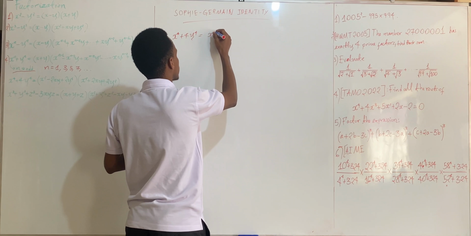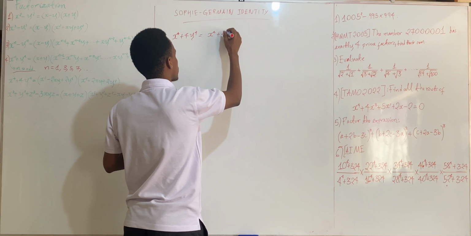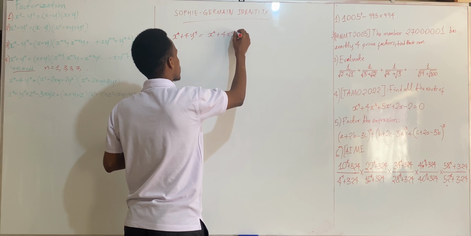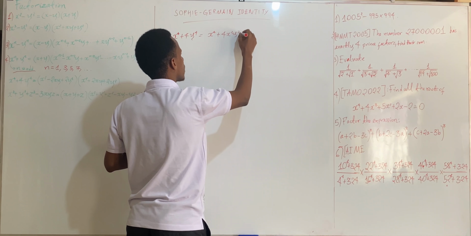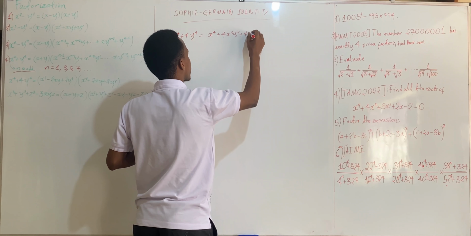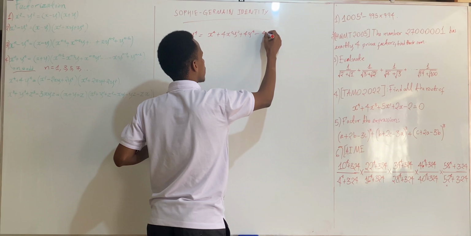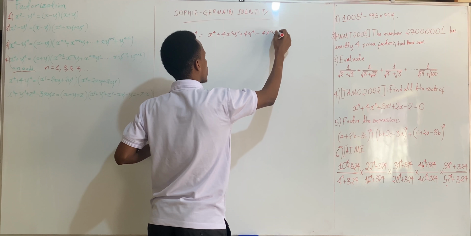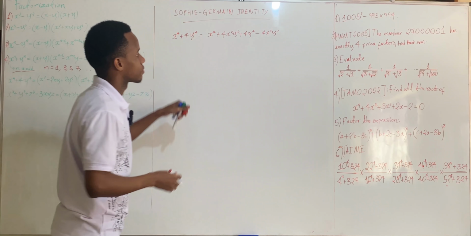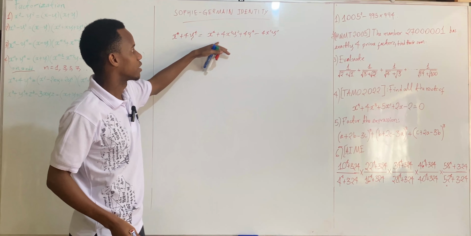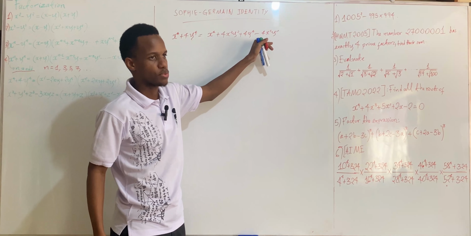another term, which is 4x squared y squared, and then I will subtract it at the end. So I have added 4x squared y squared and subtracted 4x squared y squared.